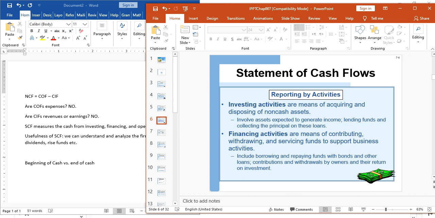Any cash generated from financing activities or used in financing activities will be separately placed in the statement of cash flows. Okay, we will see that in an example in the upcoming slides.